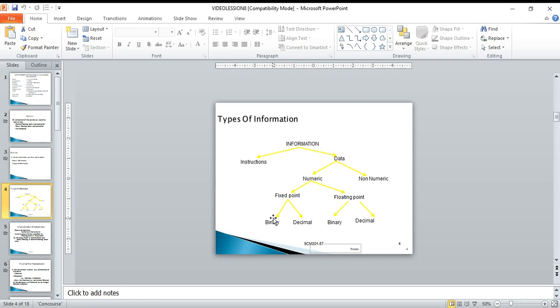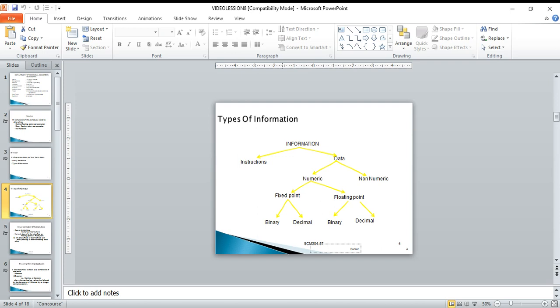Here, once again I will tell how to represent the binary data in fixed point representation and how to represent the decimal data in fixed point representation: binary fixed point representation and then decimal fixed point representation.